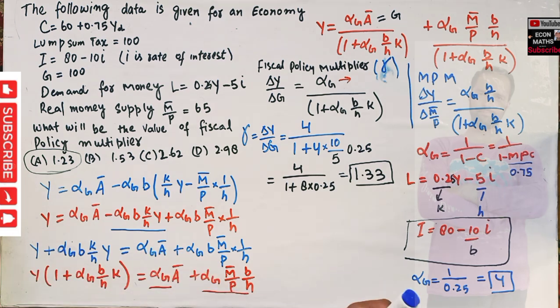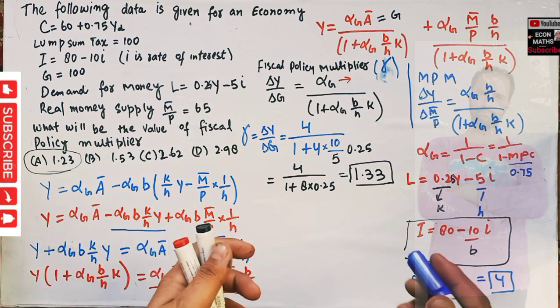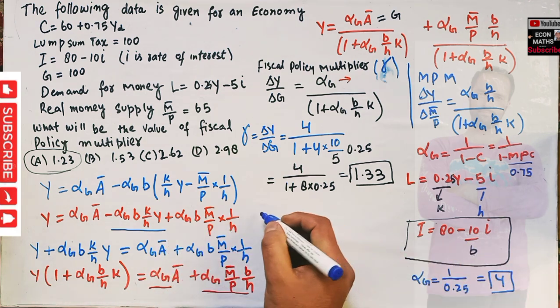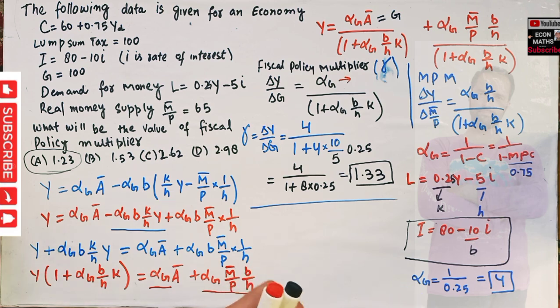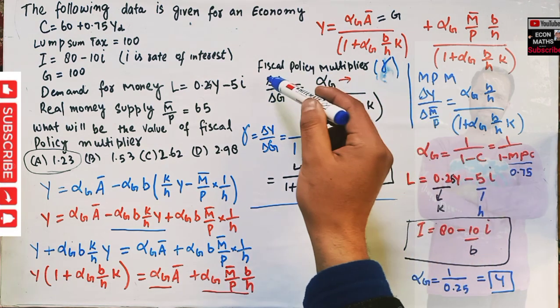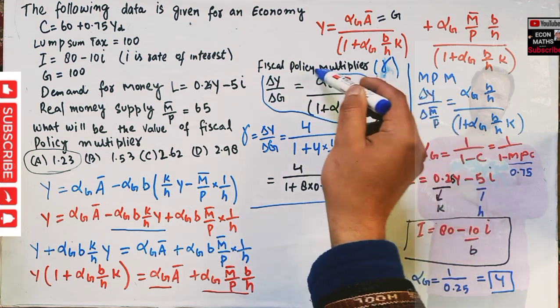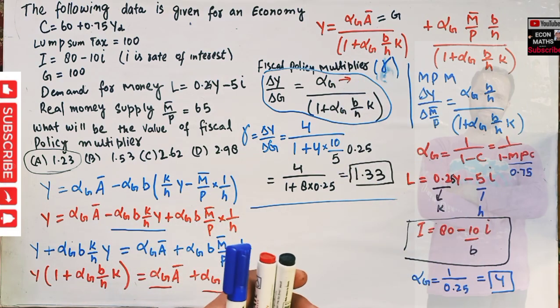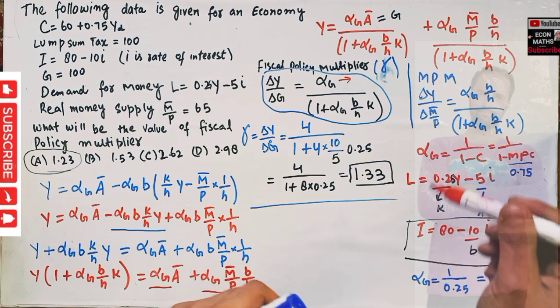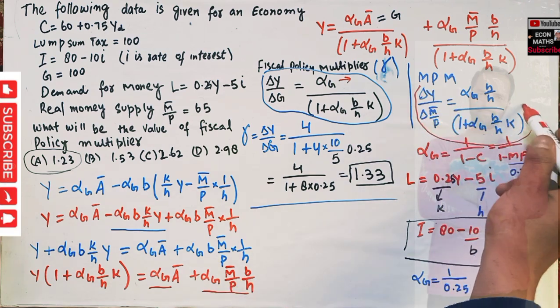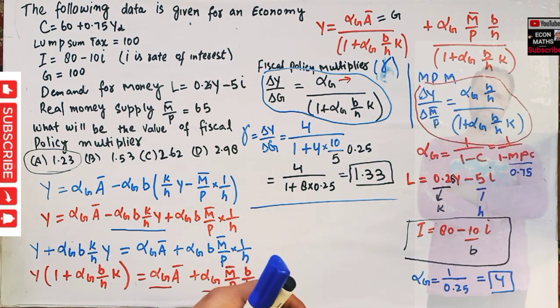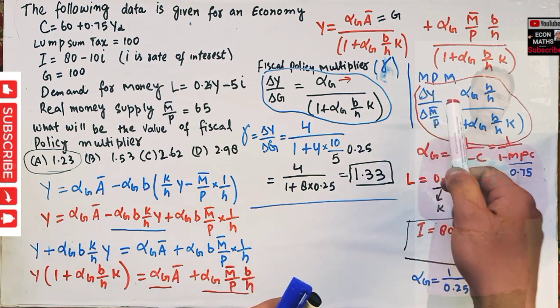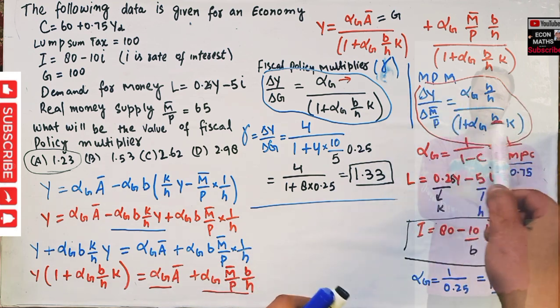I hope I make myself clear in this video. If you think you are getting confused, it is very simple. You can just plug in this very formula. I was just trying to show you how I derive this formula. This is our fiscal policy multiplier, and this is our monetary policy multiplier. How much income changes when there is a change in money supply is given by this.